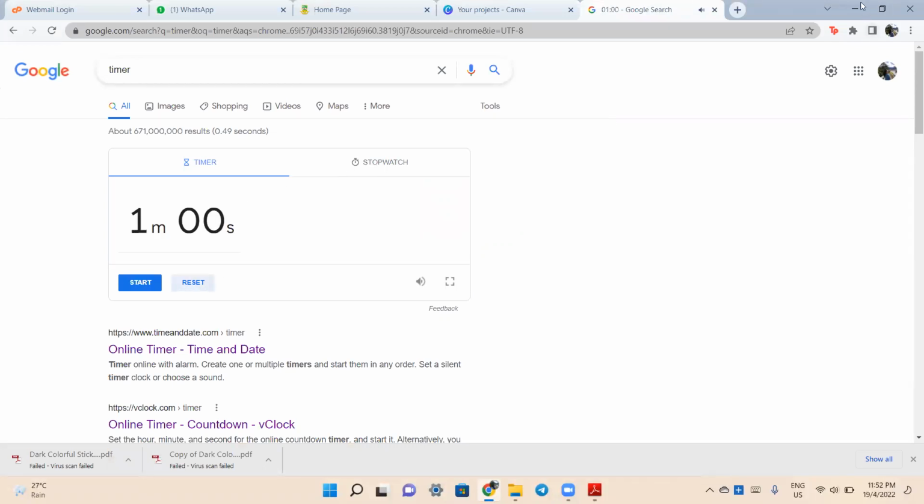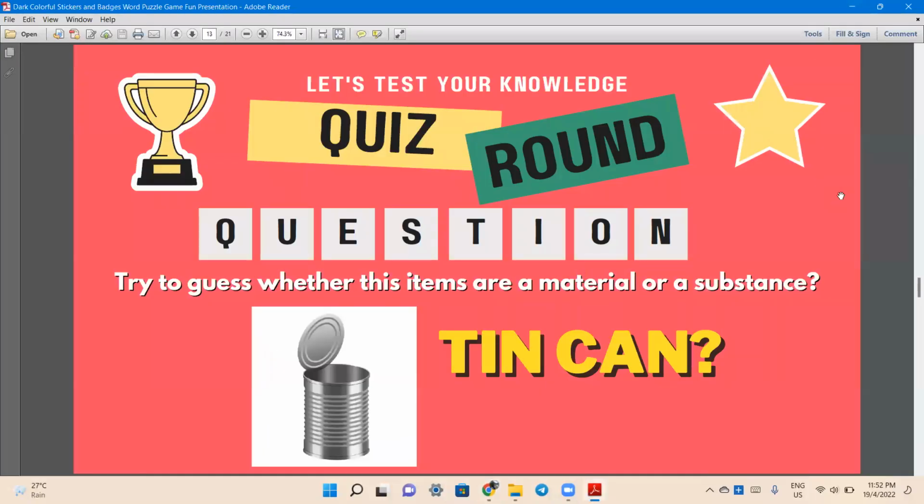A tin can is a substance. Very good. A tin can is a substance because it's a pure type of solid.